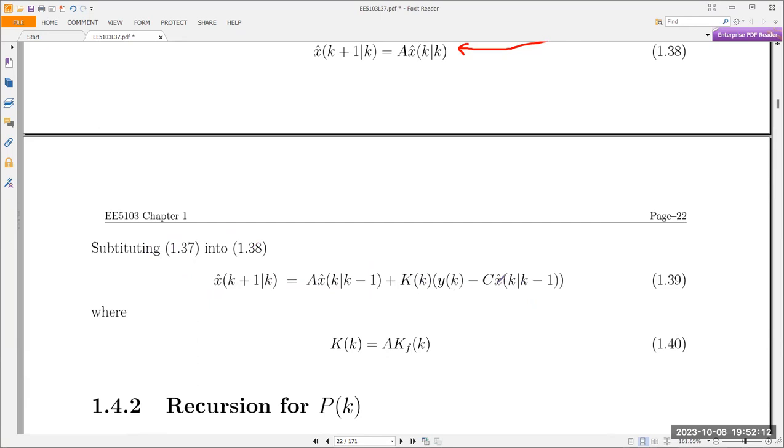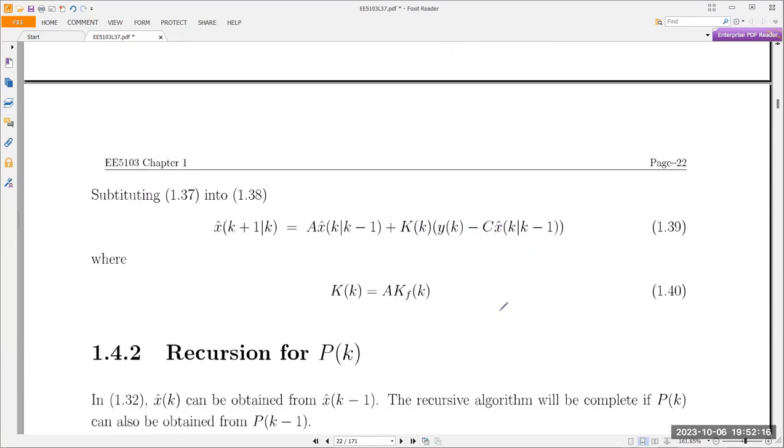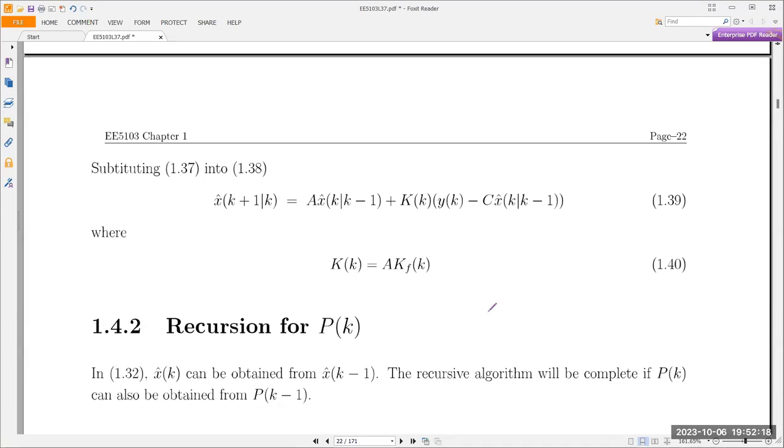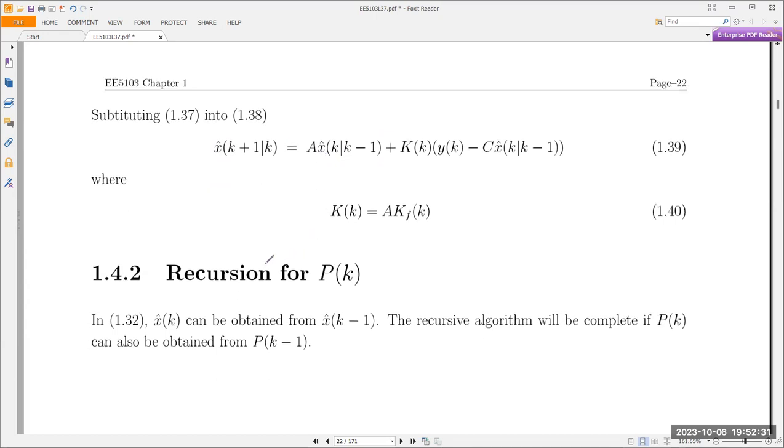All of this up to now is just equations, all maths. You can see the current estimate is obtained from the previous estimate. There is one more thing: we need to find out what P is, and find the recursion for P, which we will do now.